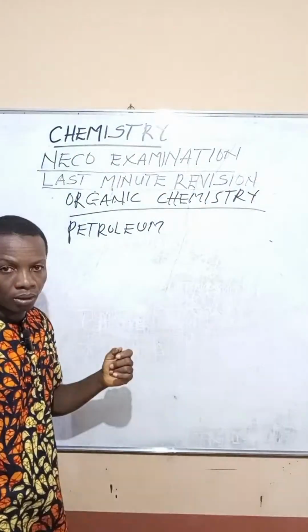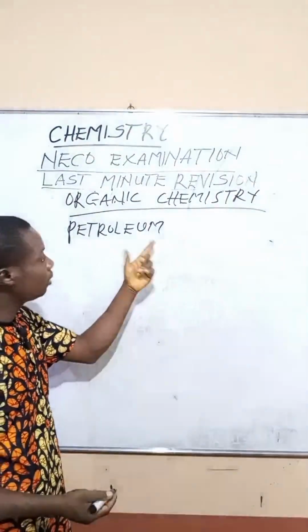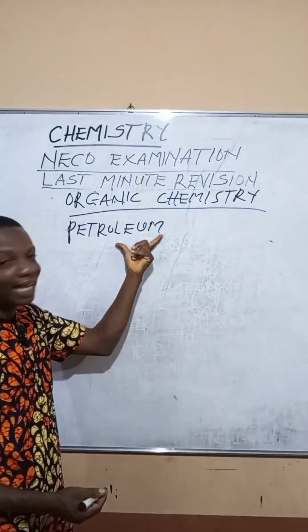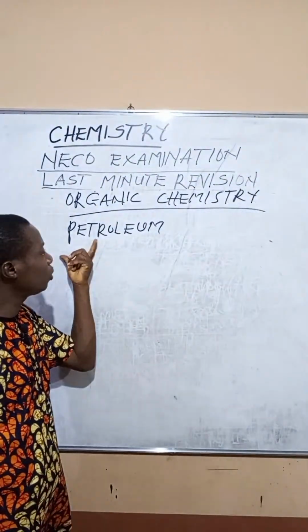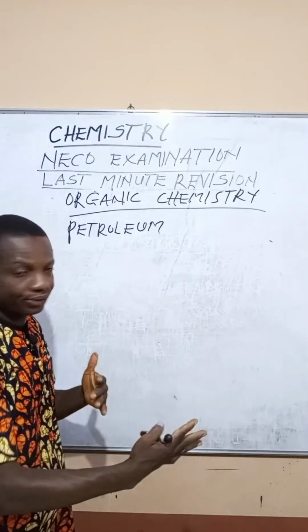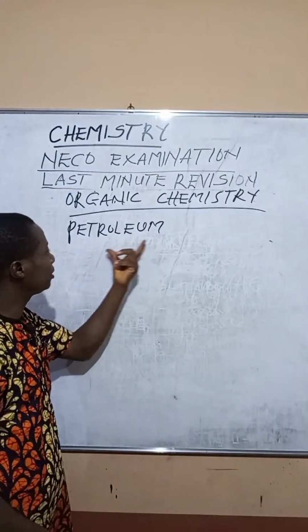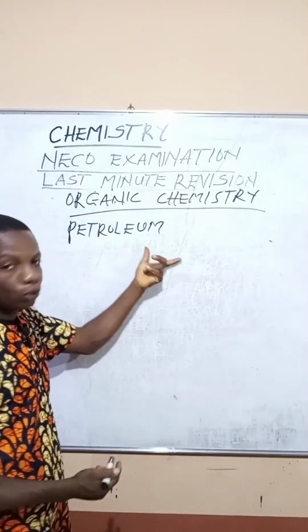Pet is rock, as in petrology. So it means a thick, dark liquid gotten from rock. Petrology is the study of rocks. Mineralogy is the study of minerals. So this petroleum, please take note of that.